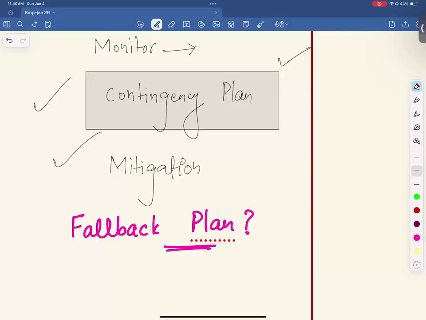For high priority risk, we have a fallback plan, plan B. So that's the difference between primary plan and fallback plan. I hope it is clear.